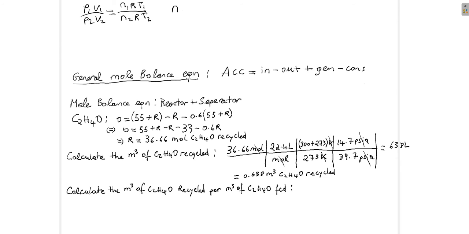In this equation, we are solving for N2, which is equal to 1 mole multiplied by 1000 liters, because we assume our basis to be 1 cubic meter, divided by 22.4 liters, times 273 Kelvin, which is the initial temperature, divided by 273 plus 250.